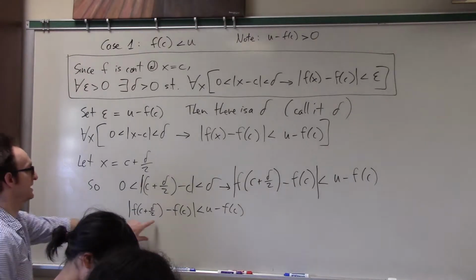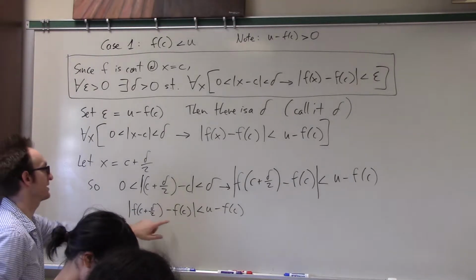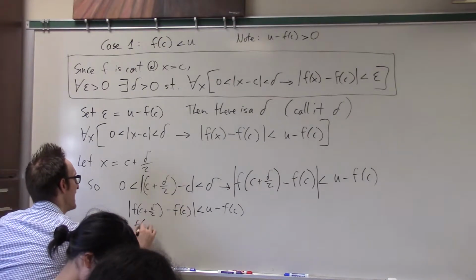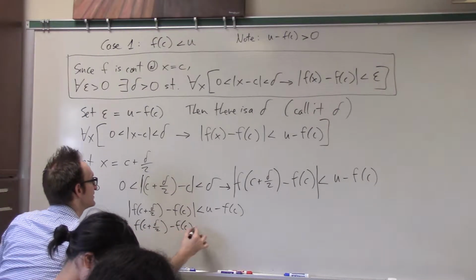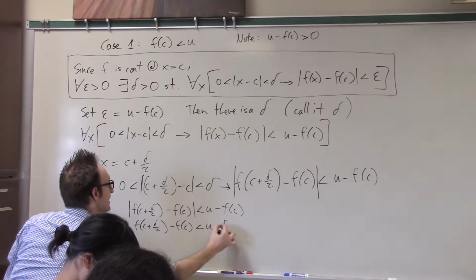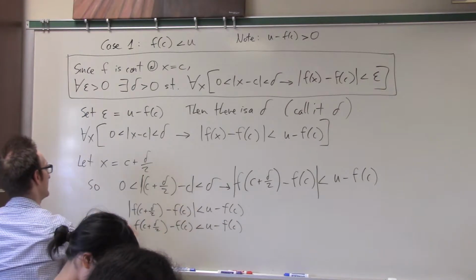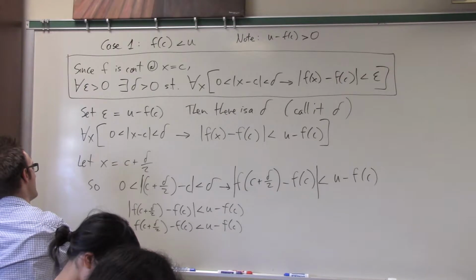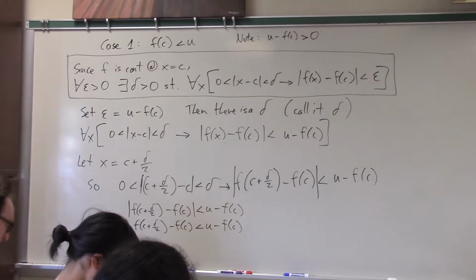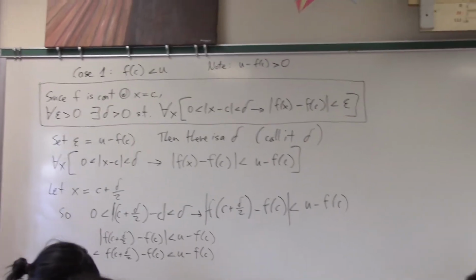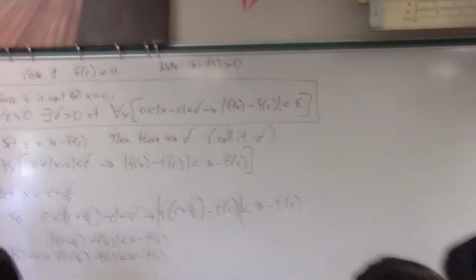Expanding the absolute value out, this says that f of c plus delta over 2 minus f of c is between negative and positive u minus f of c. That's just like saying negative epsilon, epsilon, right? And then I only want half of this. What's the half that I want?